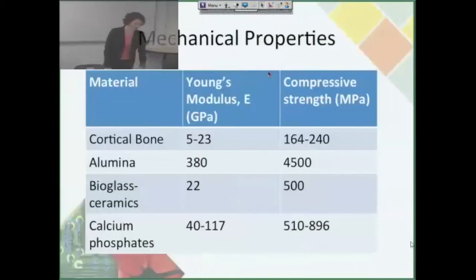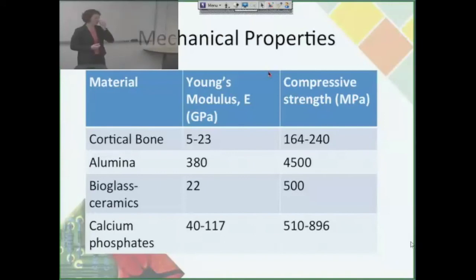Okay, so what are the mechanical properties of ceramics? Again, this really varies depending on their composition and structure. The porosity, of course, is going to be inversely related to mechanical properties. But as a general rule, cortical bone has a much lower Young's modulus than alumina and the calcium phosphates.